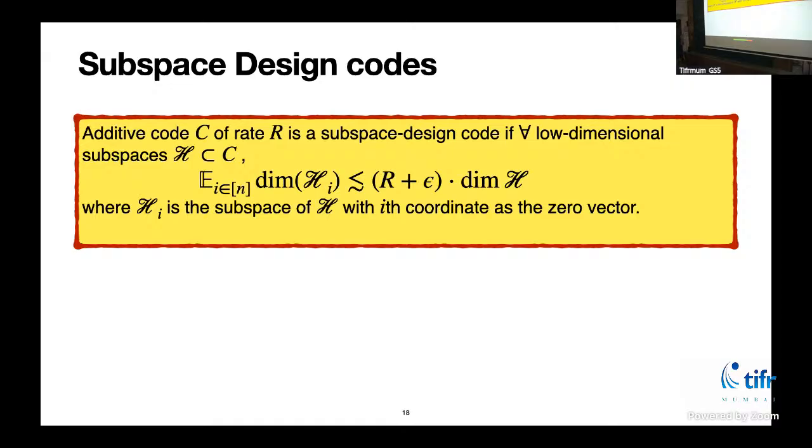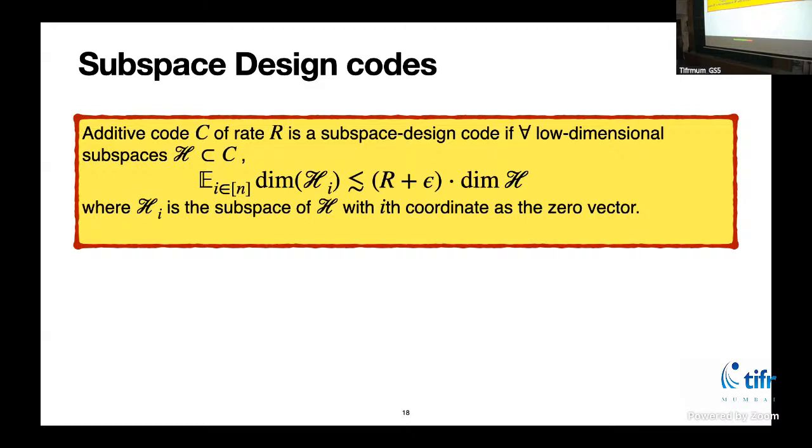An additive code C of rate R is a subspace-design code if, for all lower dimensional spaces, in particular spaces of even lower dimension than each coordinate, which is s dimensional, setting any coordinate to 0 puts s constraints, which is more than the dimension of such a space.